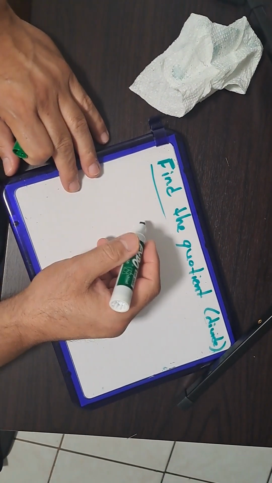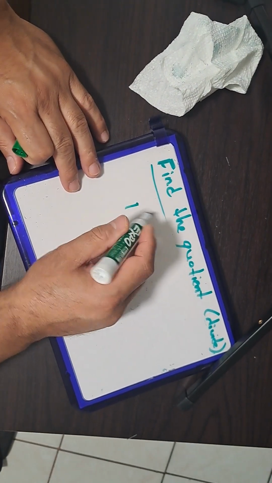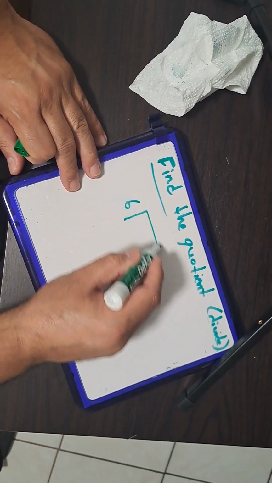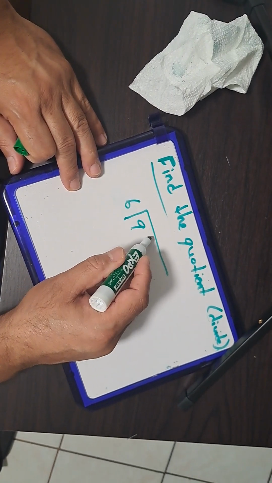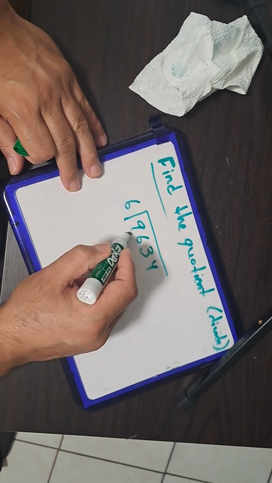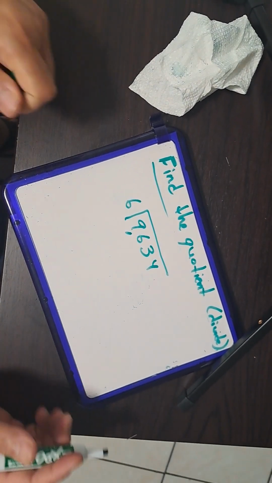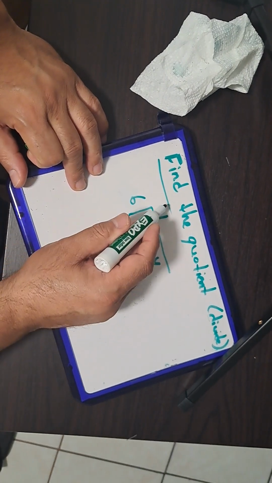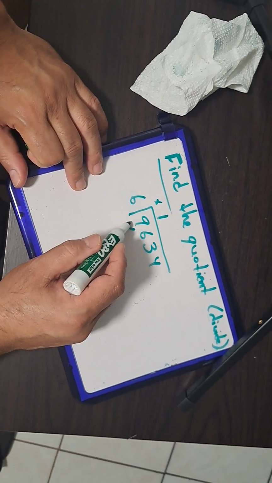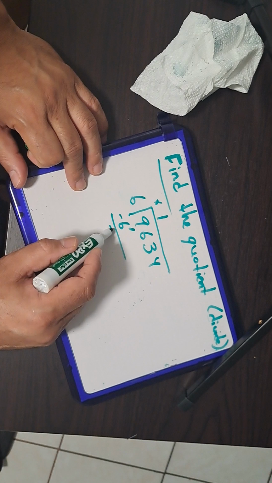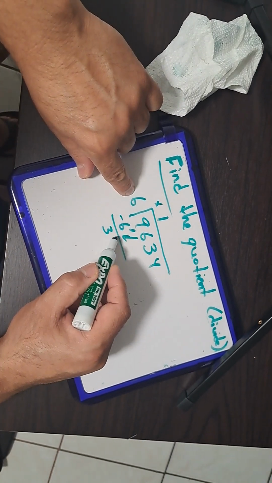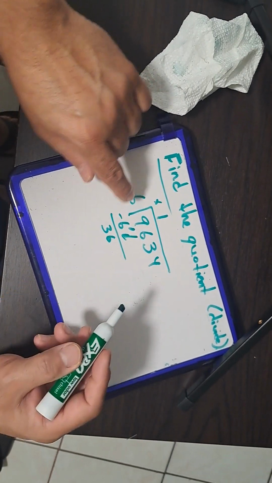So let's have another one. Let's do 6. Right? Again, 6 into 9, that'll be 1. 1 times 6, that's 6. When I subtract, that number has to be smaller than that one. So when I pull down, now I got a bigger number.